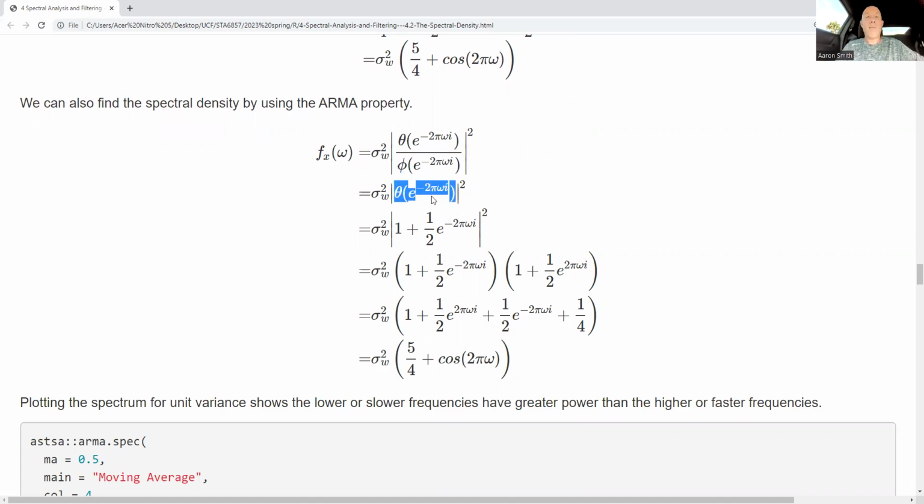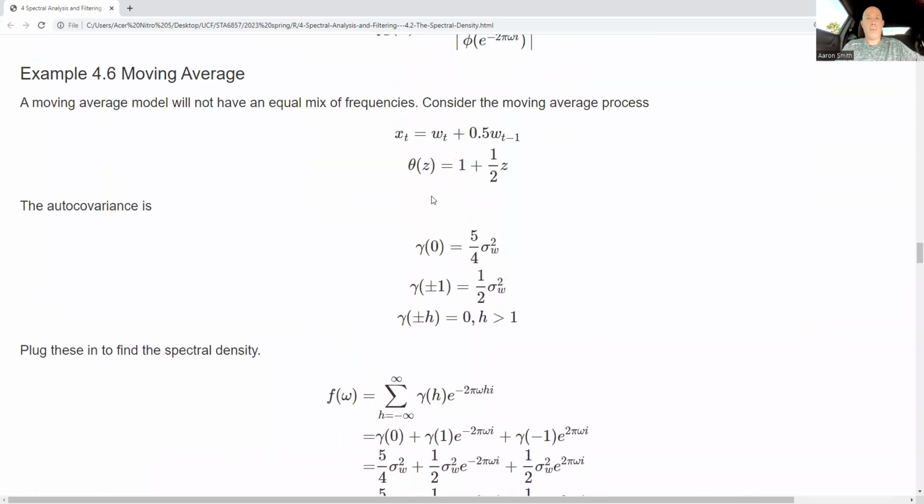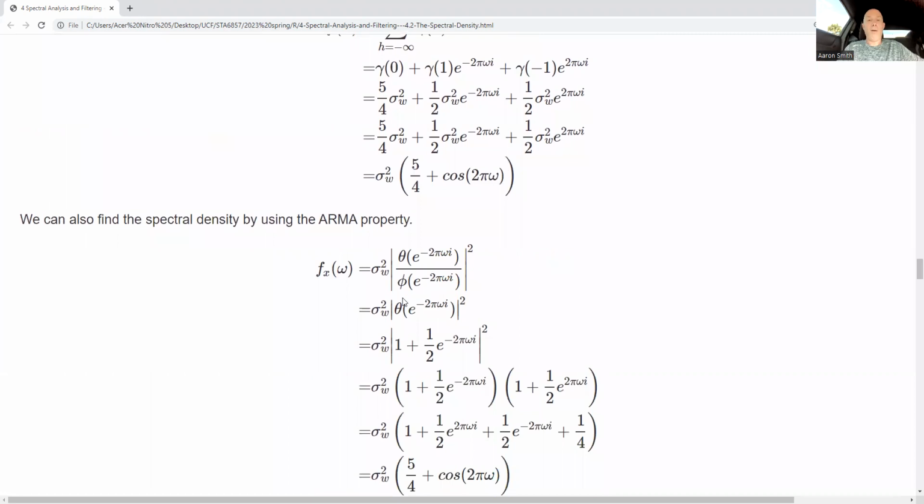I'm going to take my moving average polynomial that we have up here. Here's that moving average polynomial. I plug that in for here. Boom, we get that. Notice I have e instead of a z in there.